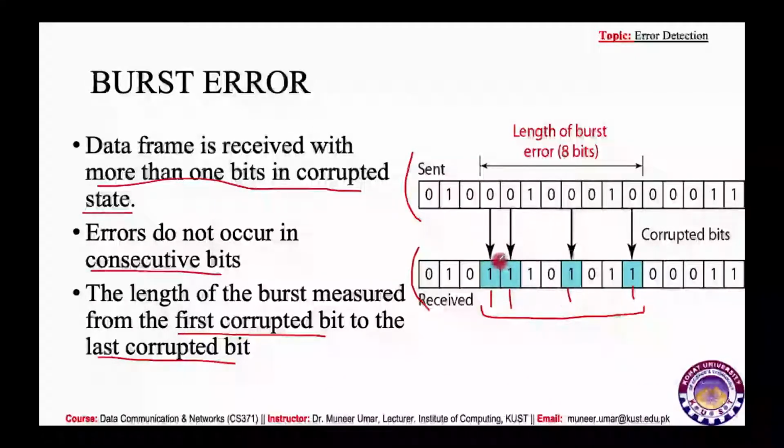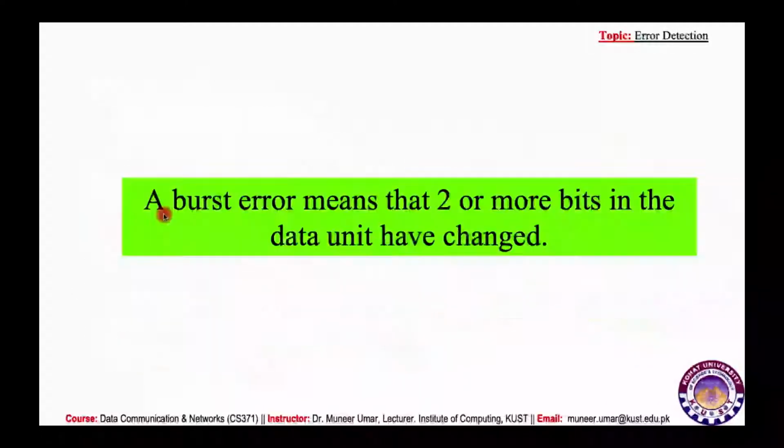The length is measured from the start till the end, from the first corrupted bit till the last corrupted bit. So this is the length, and this length is equal to 8 bits. A burst error means that two or more bits in the data unit have changed.